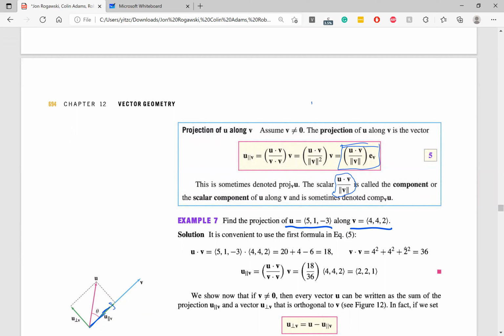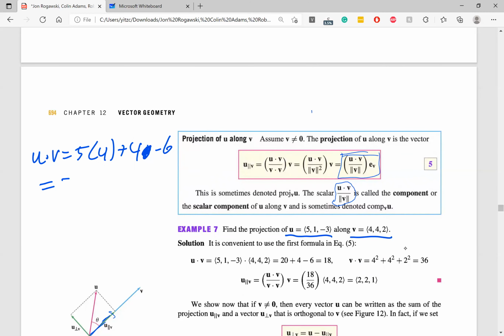So again, using the formula, we need to know what U dotted V is. What is this dot product? So that's going to be 5 times 4 plus 4 times 1 plus 2 times -3, which is -6.